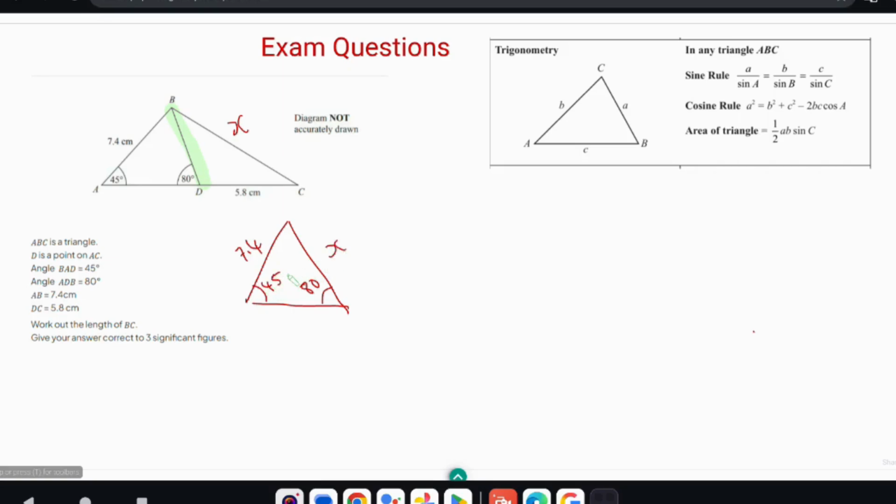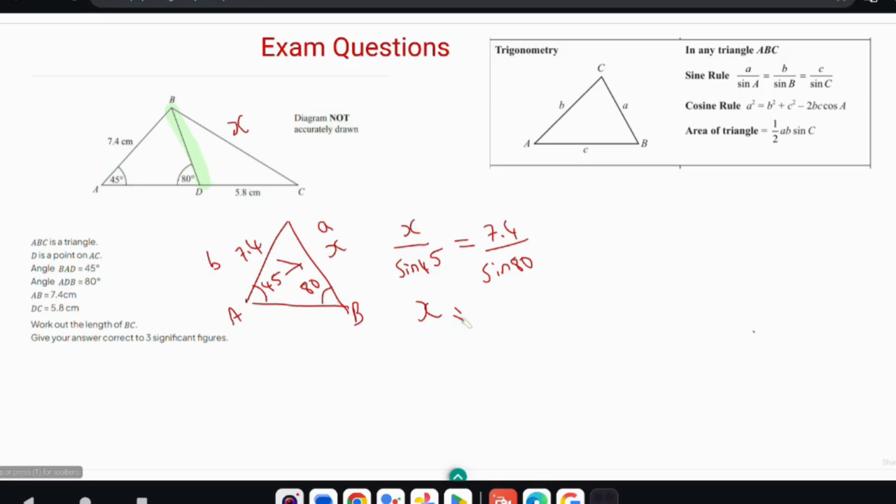Right, do I have pairs? Yeah, I do. So let's use sine rule. So little a, big B, little b. So x over sine 45, a over sine A is equal to b over sine B. Okay, I want to make x the subject.